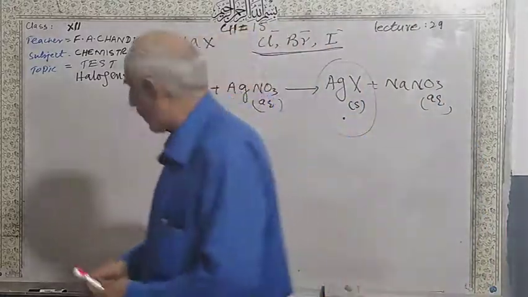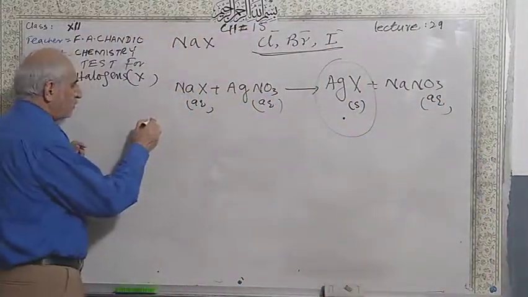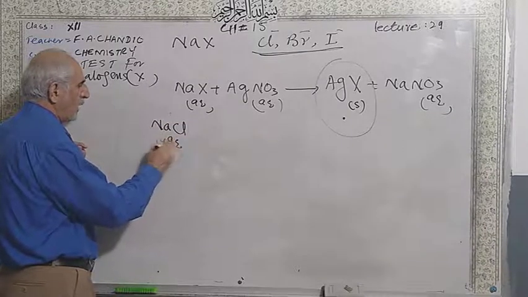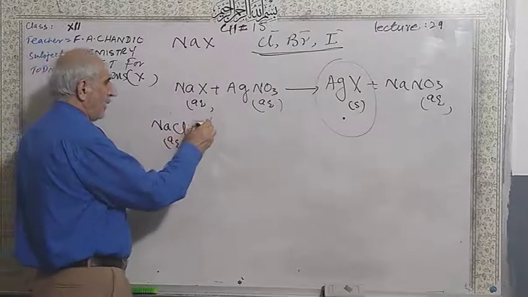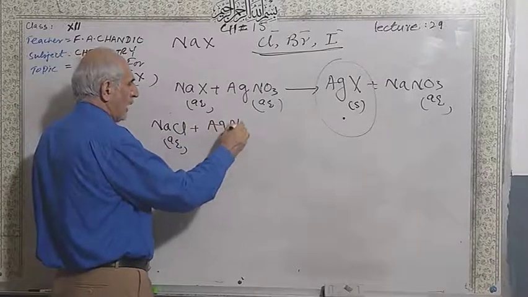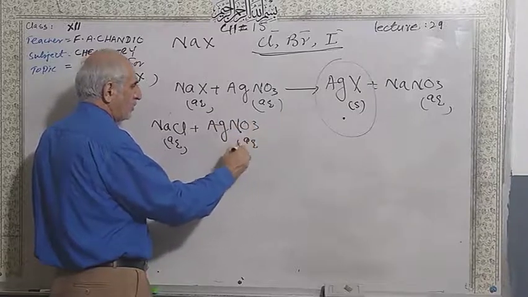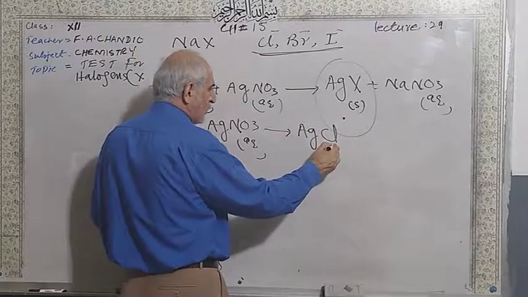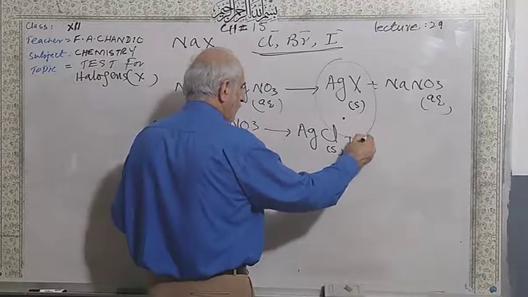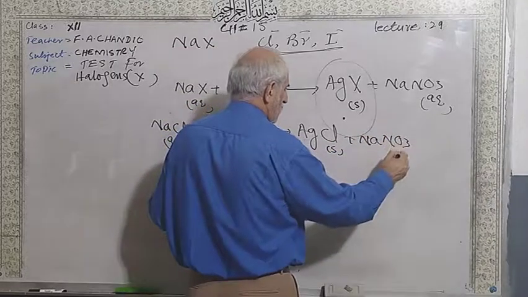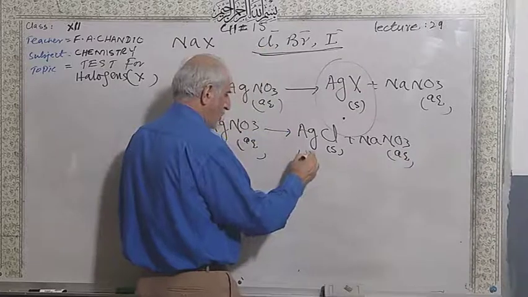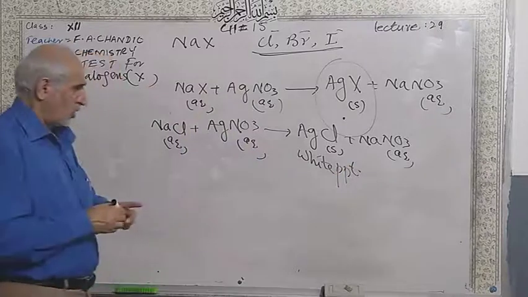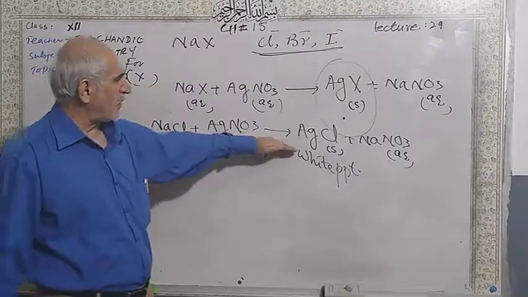So students, when chloride ions are there and you add aqueous silver nitrate, you will get a white precipitate of silver chloride. PPT, precipitate. You will get a white precipitate of silver chloride.